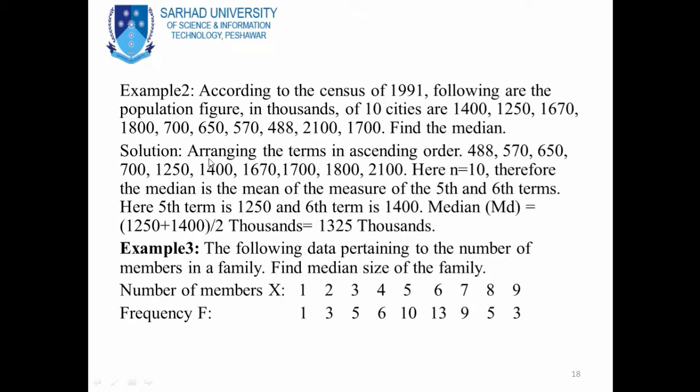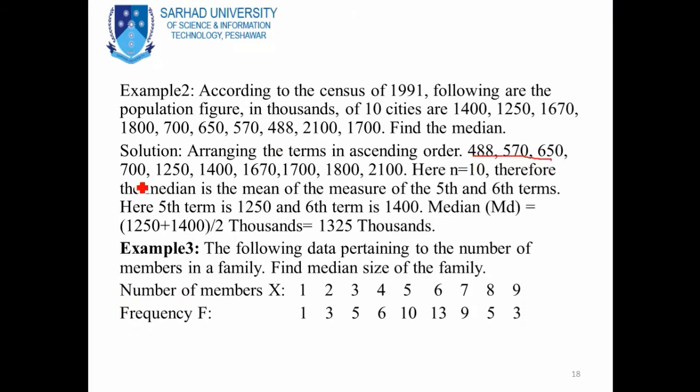To find the median, arrange the data in ascending order like you see here. First of all, write the data in order form. Here the number of data is 10, which is even. Therefore, the median is the mean of the measures of the fifth and sixth terms. First of all, arrange the data in order form, and then construct the two parts of the data.